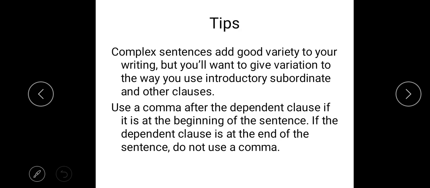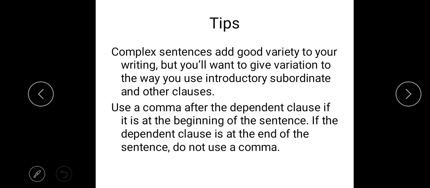When we use complex sentences, we have to use different varieties of sentences, and complex sentences are one among them. As we saw, we have two methods: we can use the subordinate clause either in the beginning or at the end.